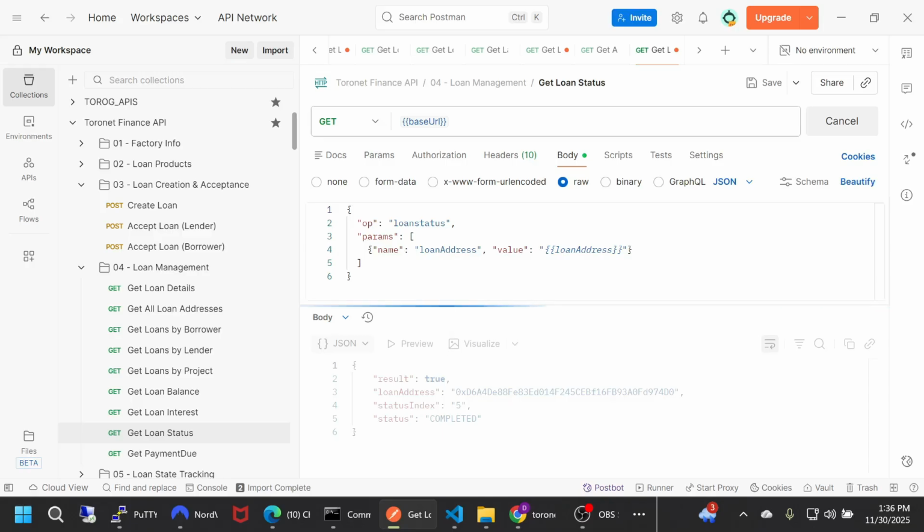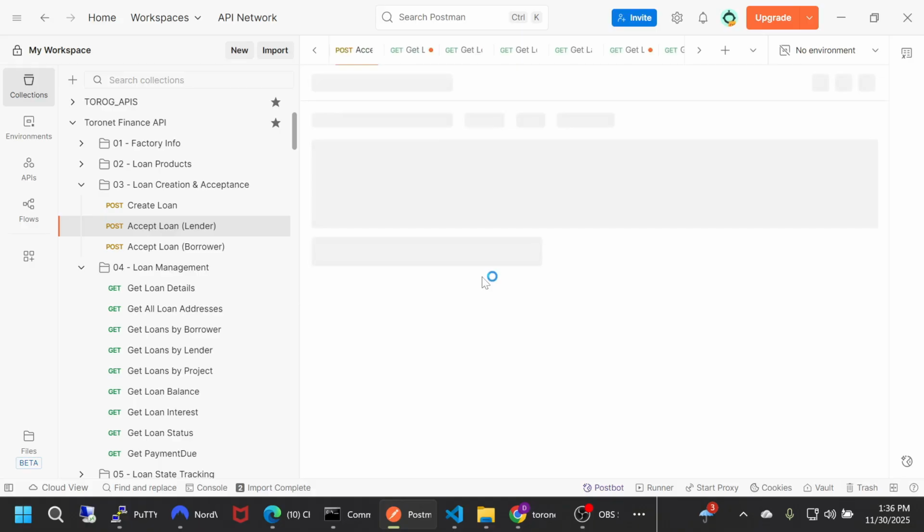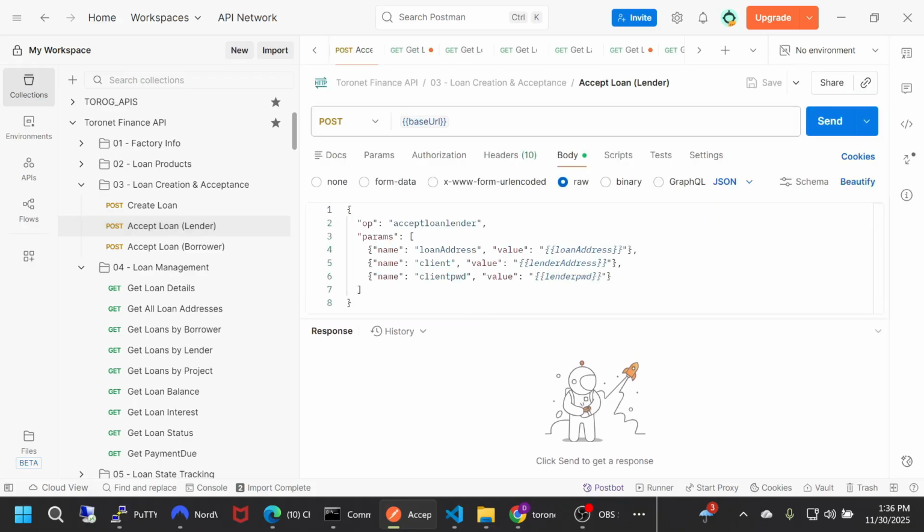So the lifespan of a loan is, it's initiated initially, then it becomes active when both lender and borrower have accepted it, and then it becomes down payment complete after the borrower has deposited the down payment, and then it becomes funded when the lender has deposited the loan funds, and then it's disbursed after the borrower has withdrawn the funds, and after that, the borrower begins to pay back.